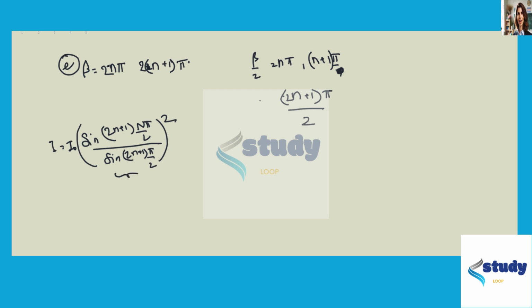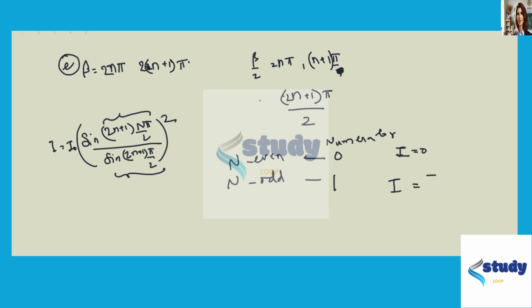Now, the denominator is obviously plus or minus 1, but the numerator, if n is even, will be 0, and if n is odd, will be 1. So when n is even, I will be 0, and when n is odd, I will be simply I naught. Hence, at the midpoint between two maximas, the intensity can't be more than I naught.